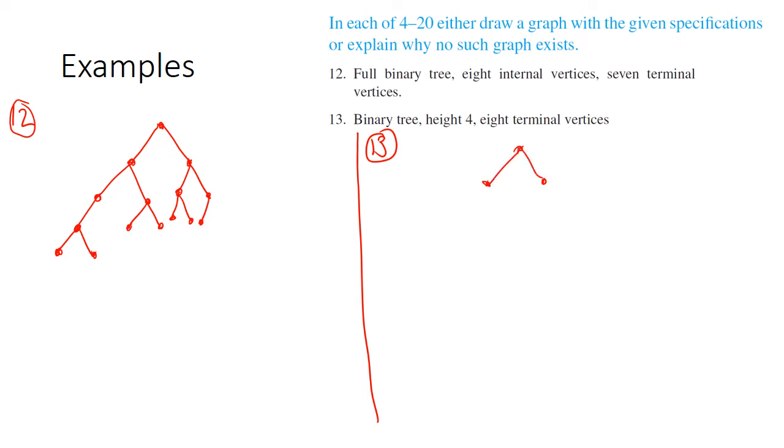Okay, so that's height 1, and then this is height 2, and then that is height 3. Okay, so that'll be height 4. And then let me keep going a little bit to put more terminal vertices. Okay, so I think that has 8 terminal vertices and it has height 4.